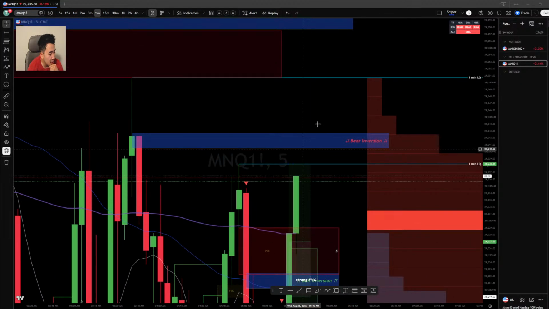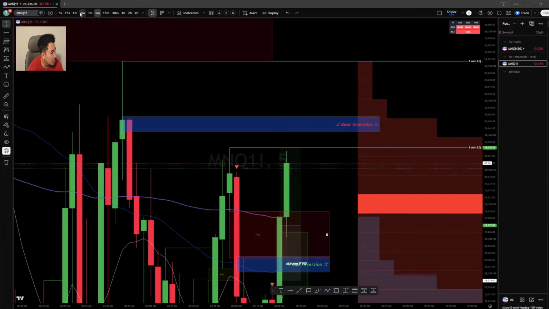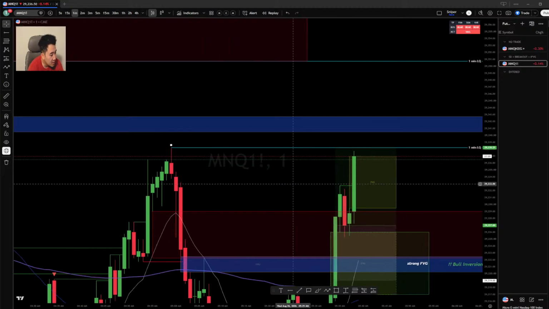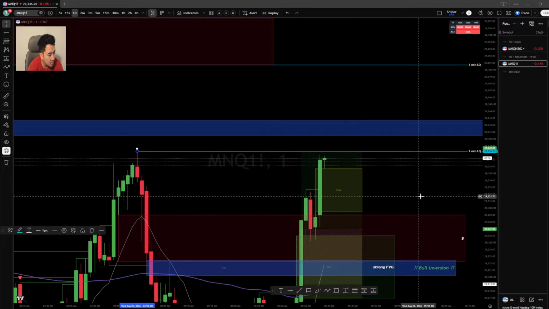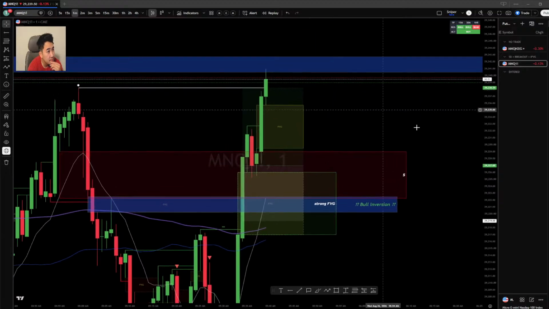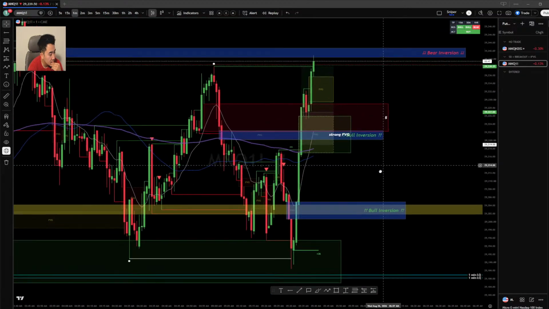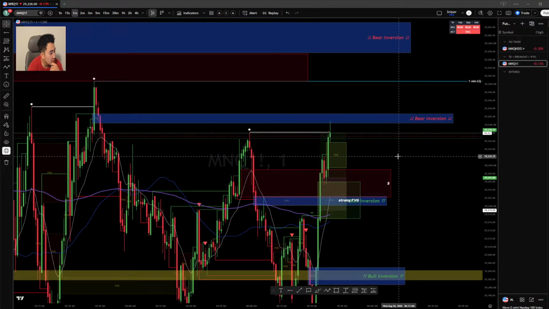Then if it pulls back, we could target maybe, because it might take this liquidity right here, this 1 minute liquidity. If it takes it, we'll just delete this here. Yeah, it looks like it took that. Now we're in a bearish inversion here.